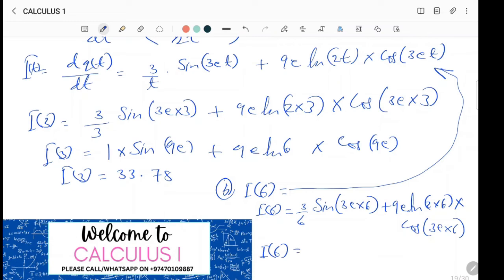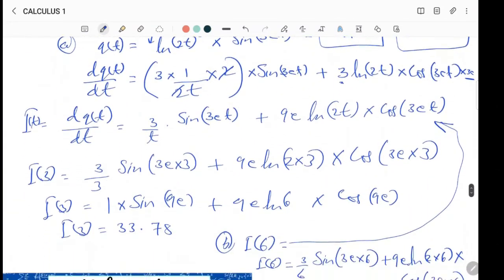So I6 will be 3 sine 18e over 6, now plus 9e times ln 12, because 2 times 6 is 12, times cos 3e times 6, 18e, bracket close. I got 13.6. Okay, I6 I got.